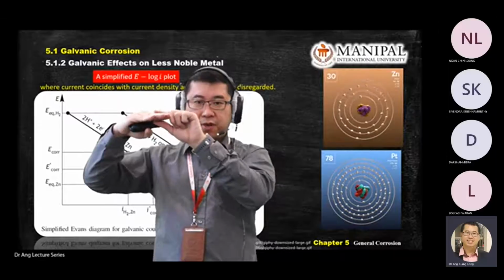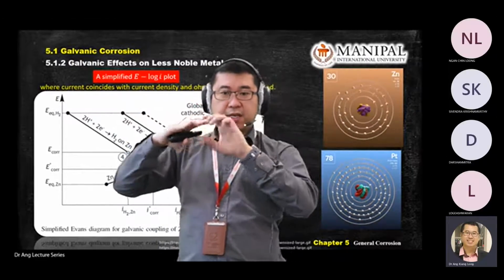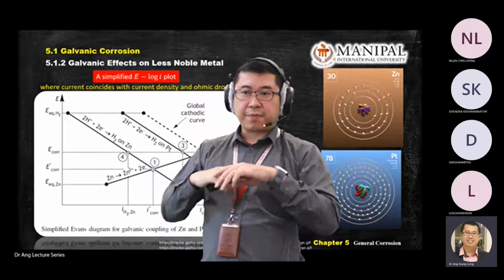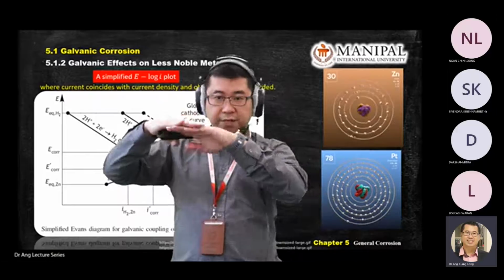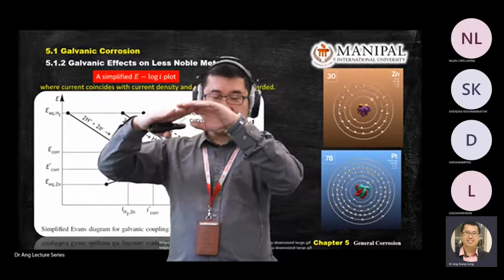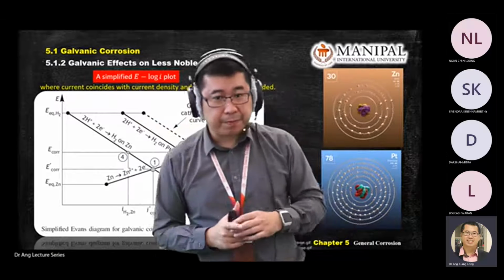And when both positive and negative charge meet at the surface, they stick together and become precipitation. So they will stay at the surface of this cathode here. Okay, so this is what happened.